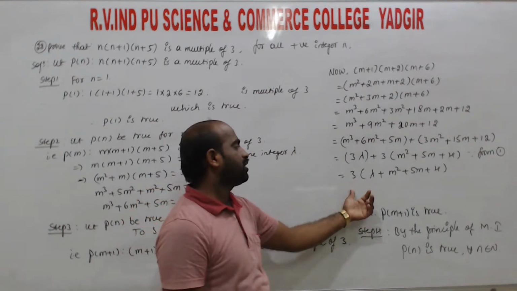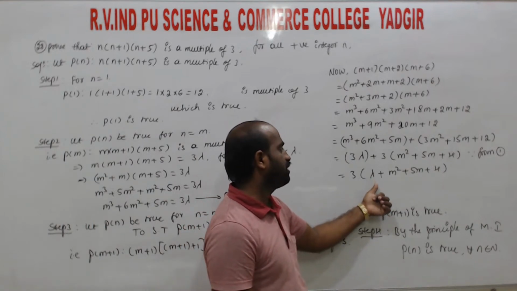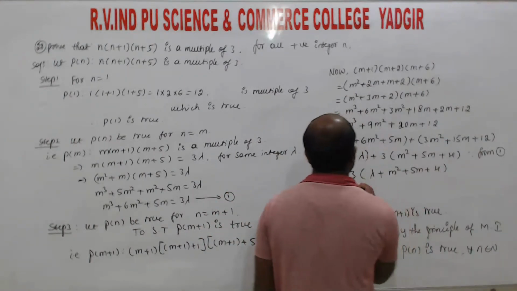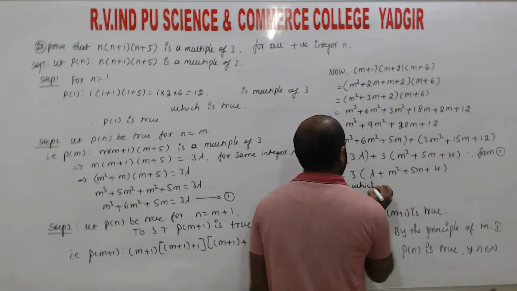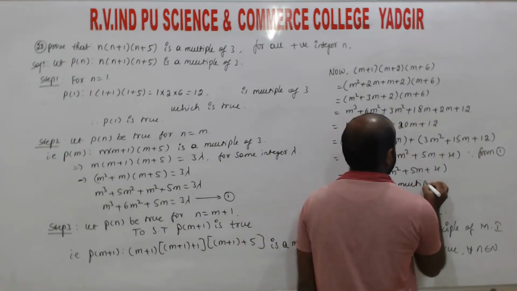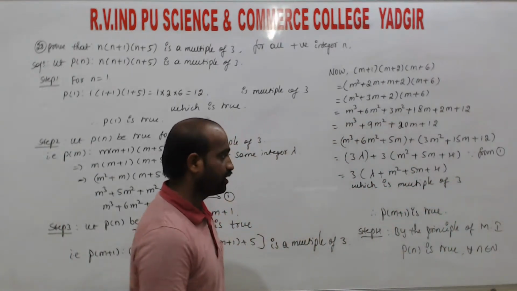Okay, or 3 into k, where k is equal to lambda plus m square plus 5m plus 4, which is a multiple of 3, divisible by 3.